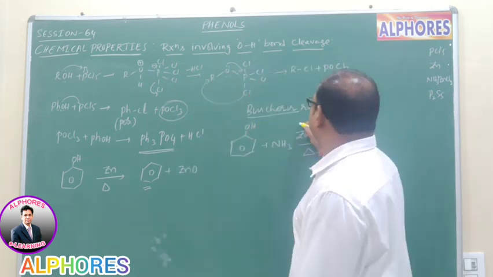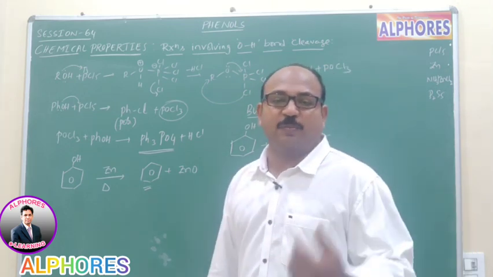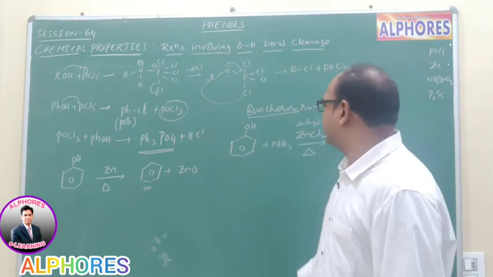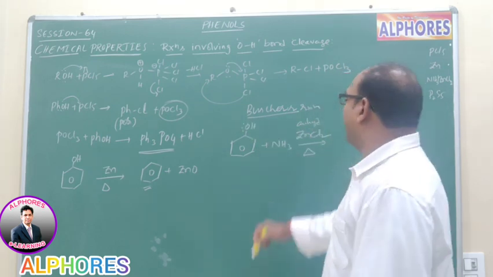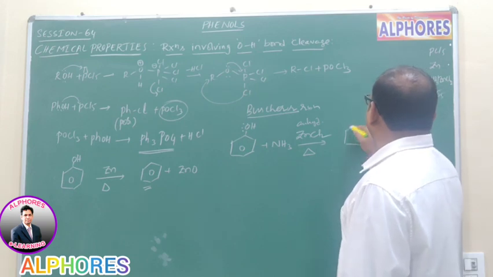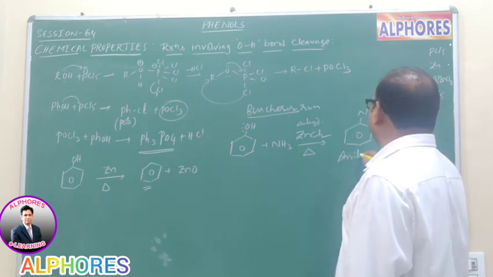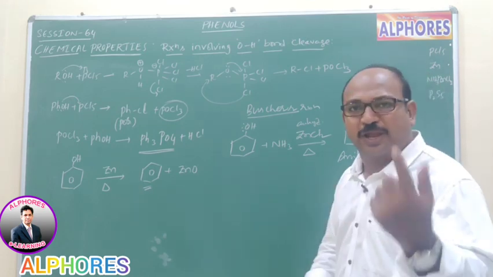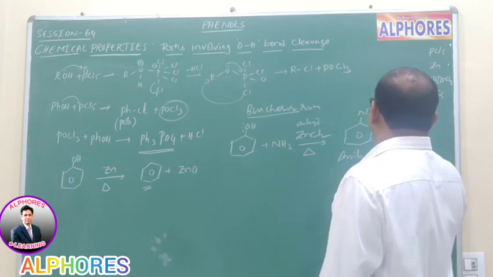Anhydrous ZnCl2 is an electron pair acceptor, a Lewis acid catalyst. Here oxygen donates an electron pair to the vacant orbital of zinc, and we get aniline as the product, aminobenzene. So in this reaction also, the OH group is displaced by NH2, with loss of H2O.